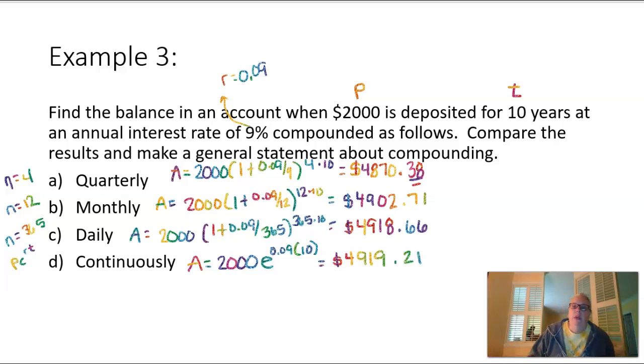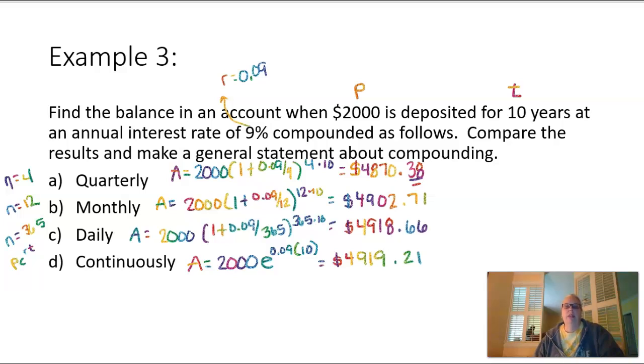Okay, so it did go up, and it went up not even $1 going from daily to continuously here. So what we're supposed to see is the fact that even though we're increasing the number of times that interest is calculated, and even though the amount of money that we have is increasing, it's not increasing as much the more times that we introduce calculating the interest in there.